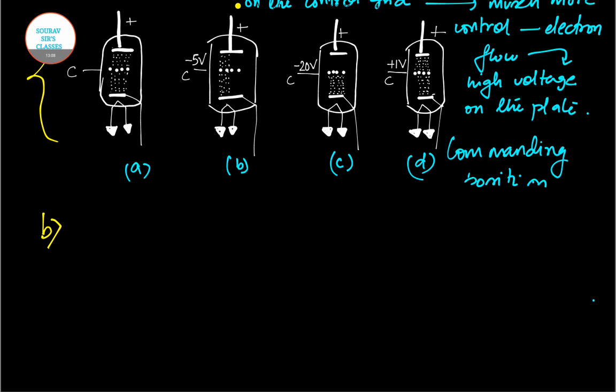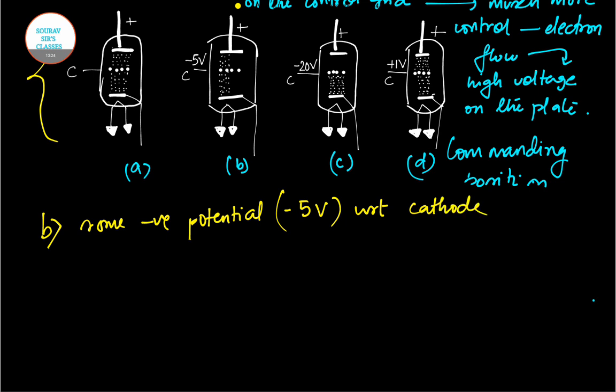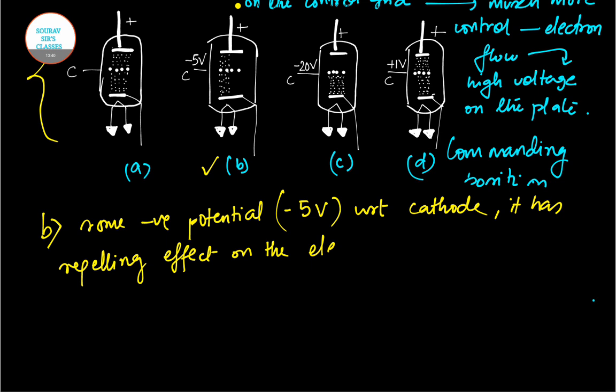So if the control grid is placed at some negative potential, and here it is given as -5, this is with respect to the cathode, and you can see it clearly in this particular figure. It has a repelling effect on the electrons that are flowing towards the plate.